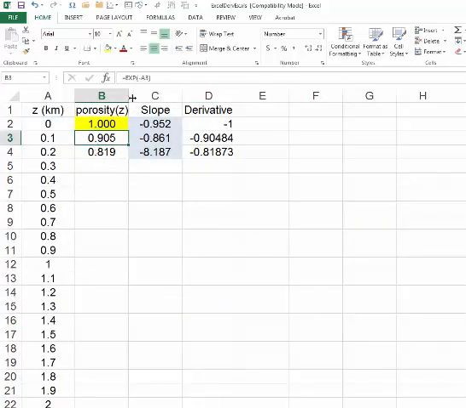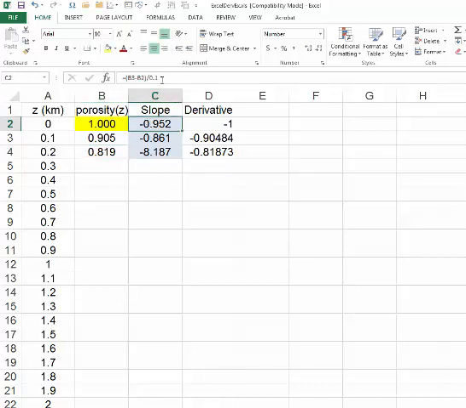So in this expression up here, we just have exp minus A3. And this reference is correct. So we're referring to cell A3 when we calculate the porosity at a depth of 1 kilometer. Okay. And then at 0.1 kilometers, 0.2 kilometers, and so on.